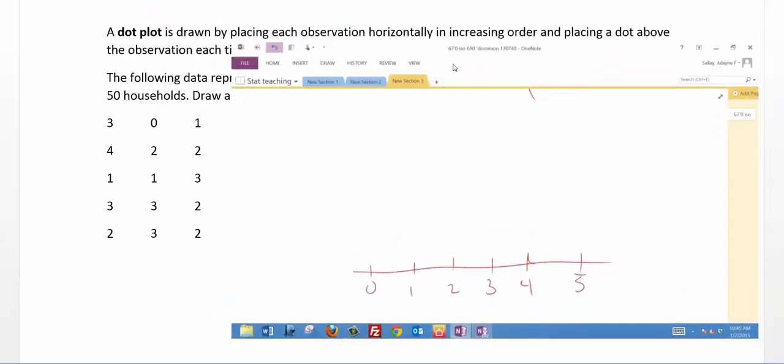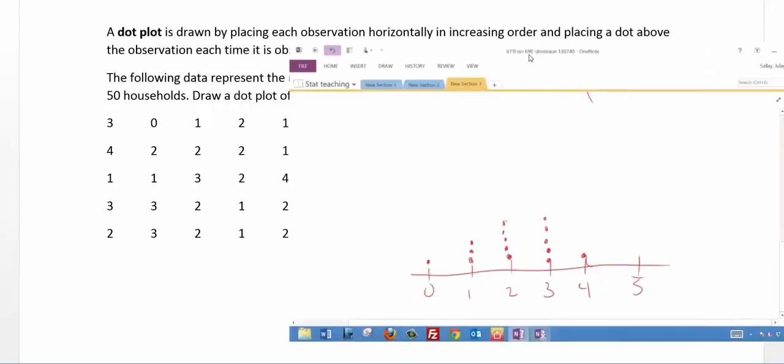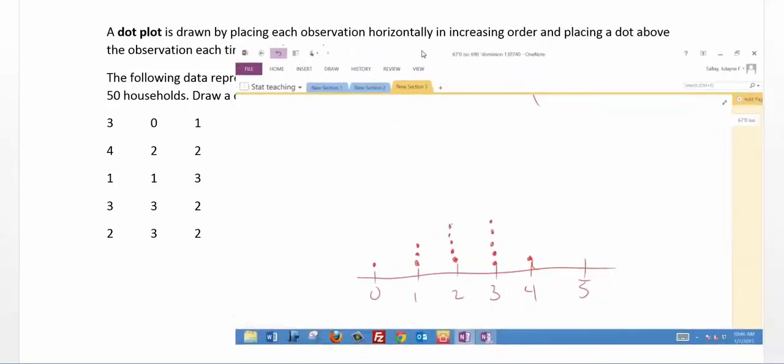So 3 would get a dot, 4 would get a dot, 1, back to 3 again, this time at 2, this at 0, then at 2, then at 1, 3, and 3, and so on and so forth. So we just keep track of how many dots show up in each part of the graph. So I'm going to pause this and speed up.